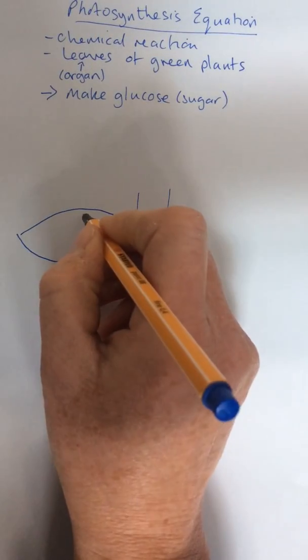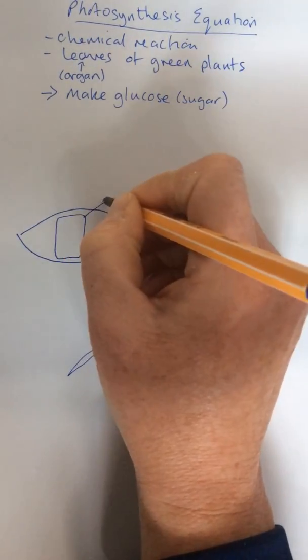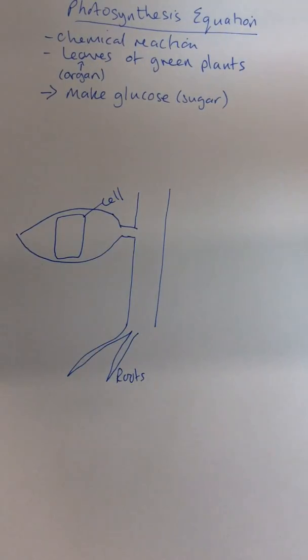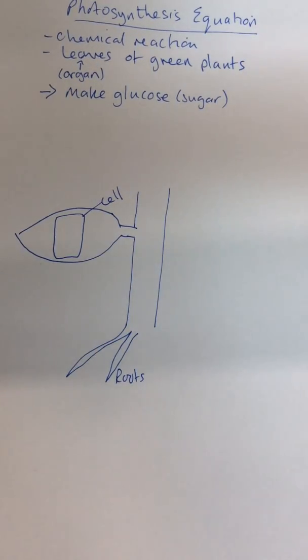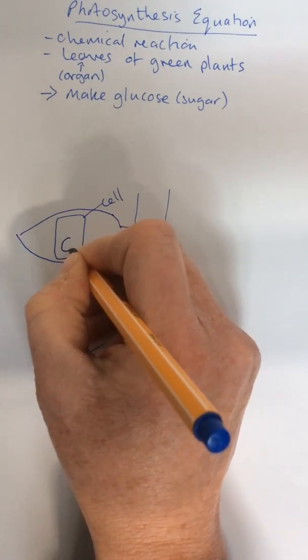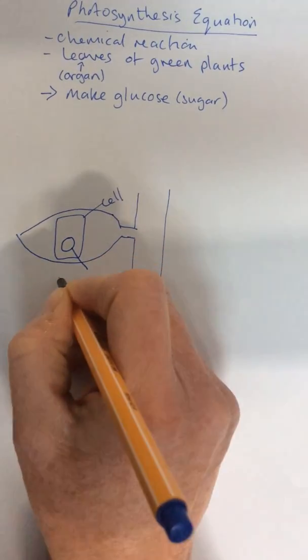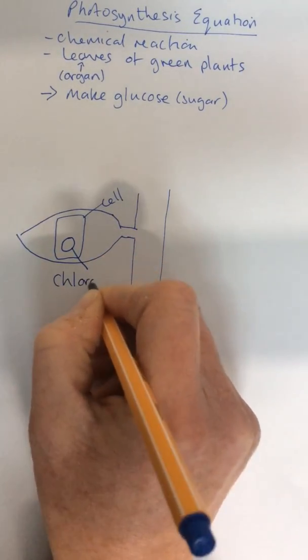So if I zoom in to a leaf and I make a giant cell, that is basically a cell inside the leaf. If we look inside that cell, they contain lots and lots of chloroplasts.